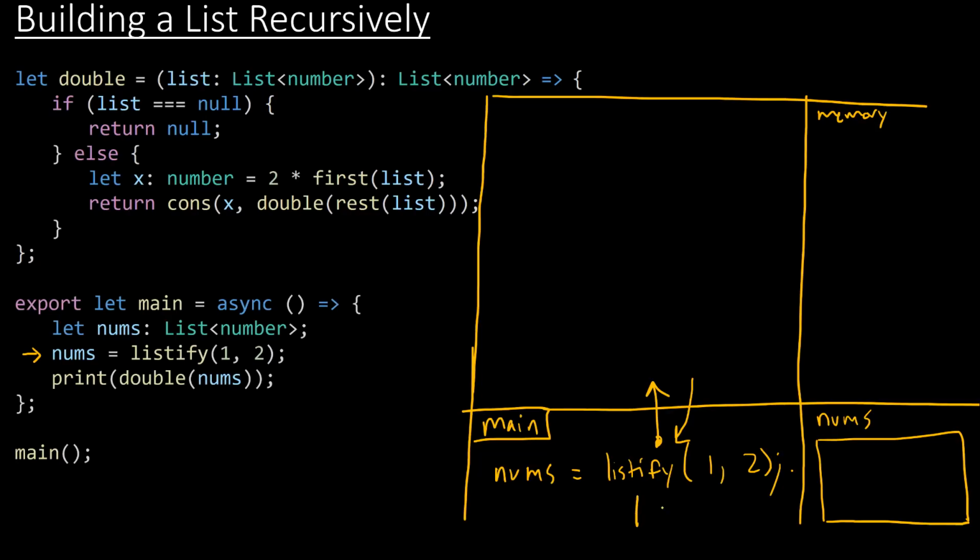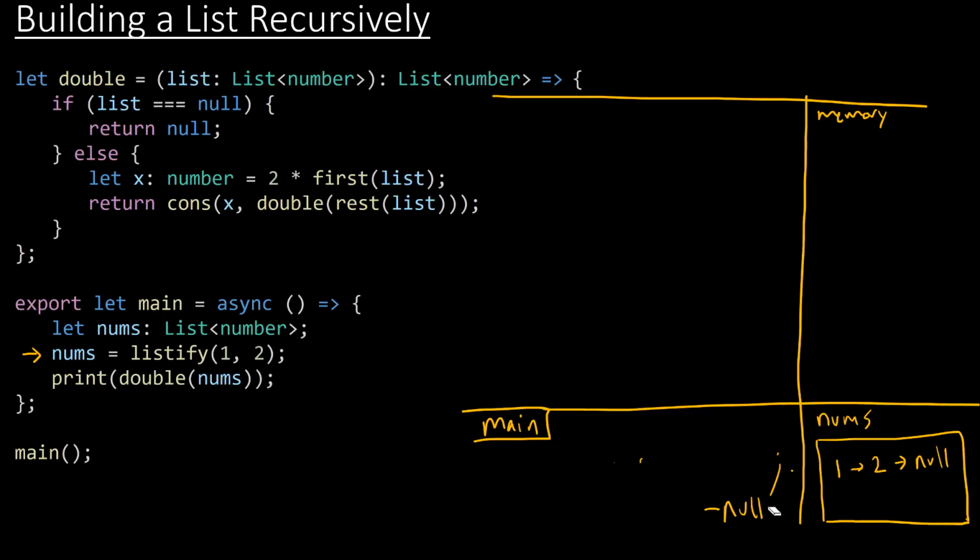So this will give us back a list of 1 to null. All right, so this will be processed to the list 1 to null. We're saying take that list and assign it to nums. So now in memory, the nums variable is going to have 1 to null in it. All right. This assignment statement has been completed.